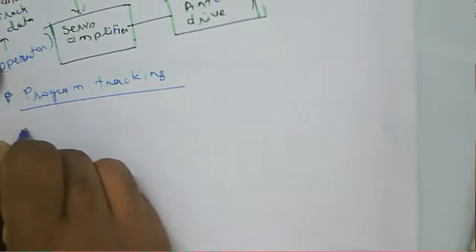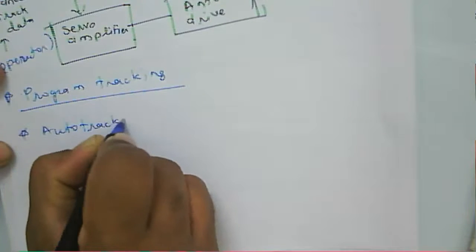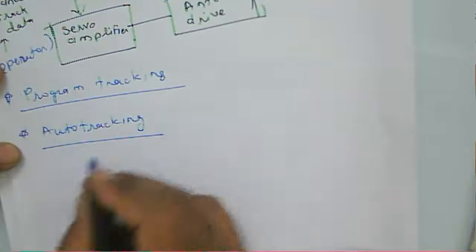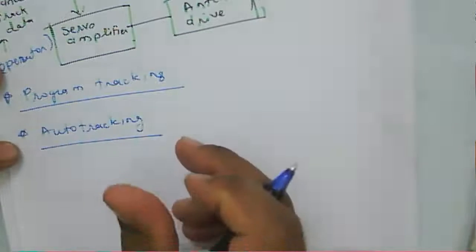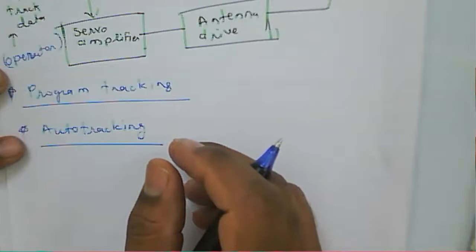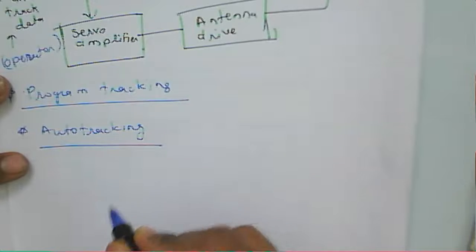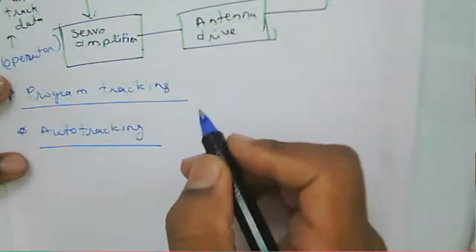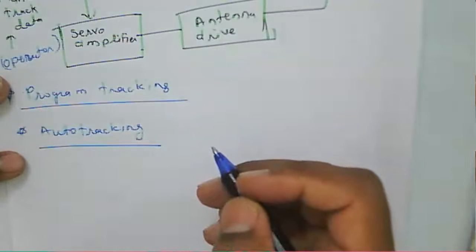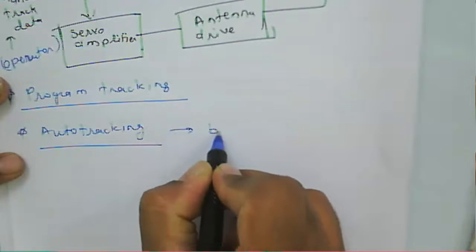But in the other case, if you consider auto tracking, auto tracking is nothing but a closed loop system. In that auto tracking, one signal is transmitted by the satellite, and that signal is called a beacon signal.